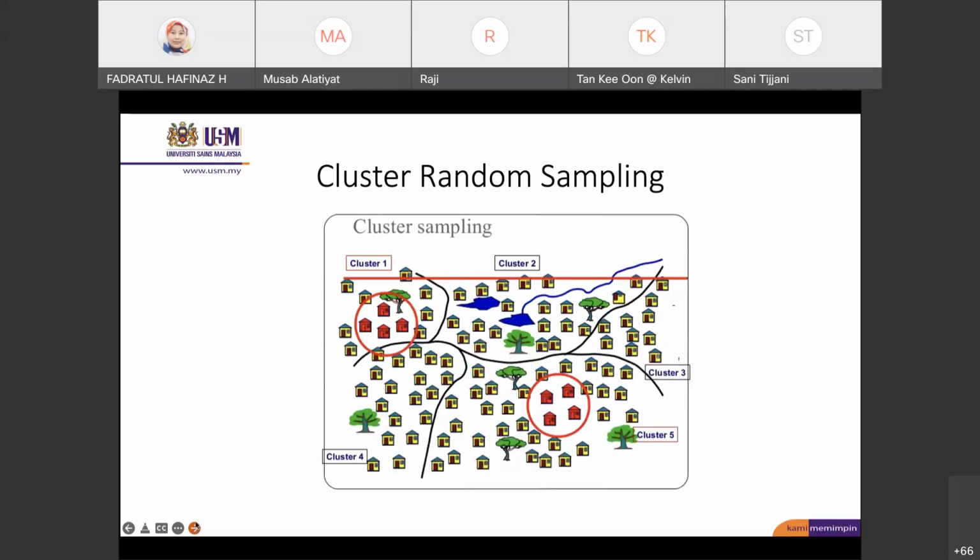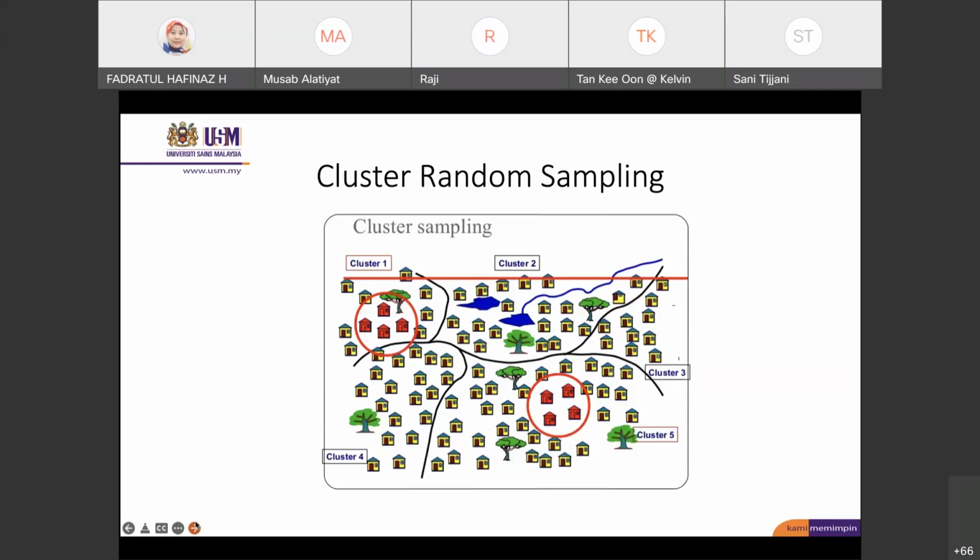Another example is cluster random sampling. Cluster random sampling is used when the population is scattered across a wide area or if evident groupings are known to exist in the population. It could be area-based, where the area is divided into neighborhoods called clusters.